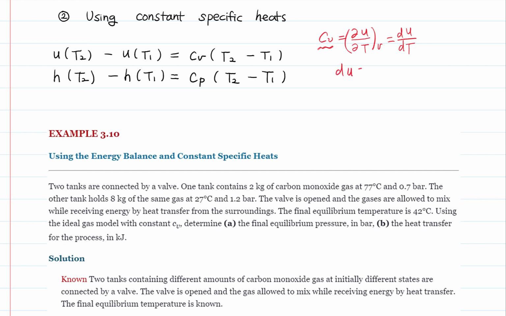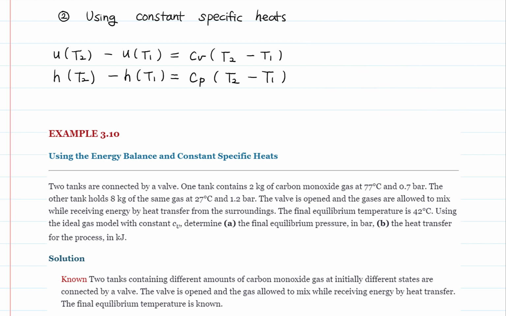So du can be written Cv times dT. Assuming Cv is constant, integrate Cv from T1 to T2. So u2 minus u1 equals the integration from T1 to T2 of Cv dT. Since Cv is constant, we can write Cv times T2 minus T1. So note that Cv is a constant, and this is the internal energy change for ideal gases.